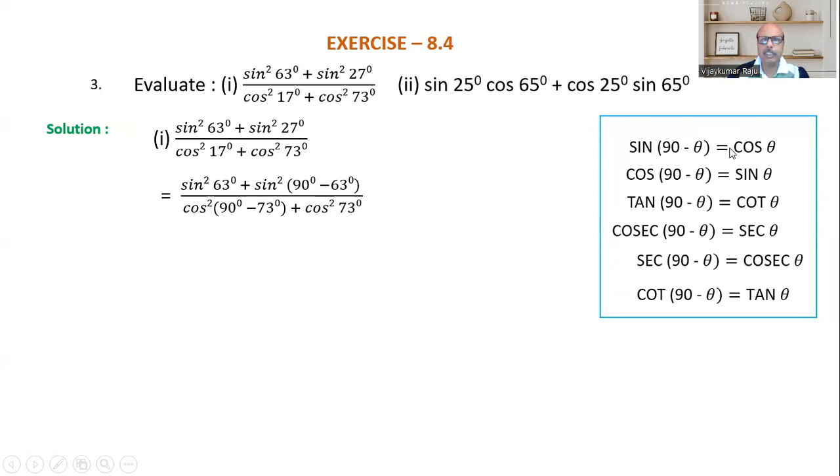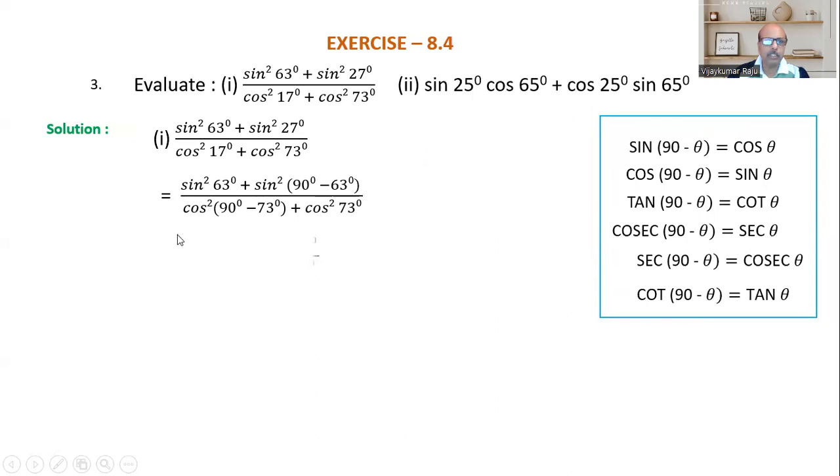Sine 90 minus theta is nothing but cos theta. Here your theta is 63. Similarly, here cos 17 can be written as 90 minus 73, plus cos square 73. Here cos 90 minus theta is sine theta, and here your theta is 73.